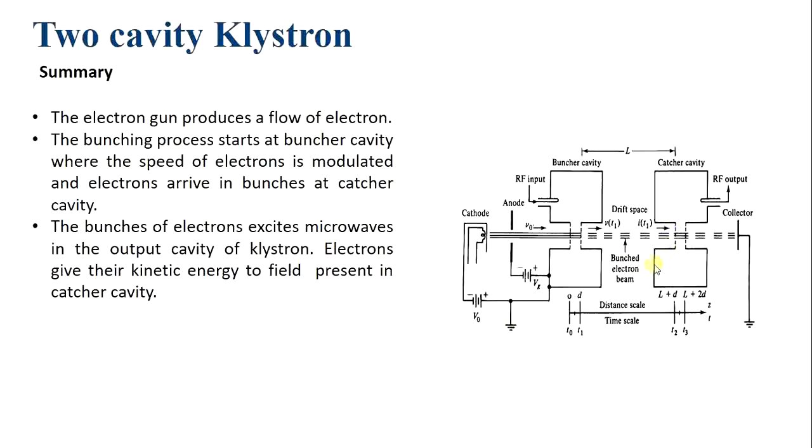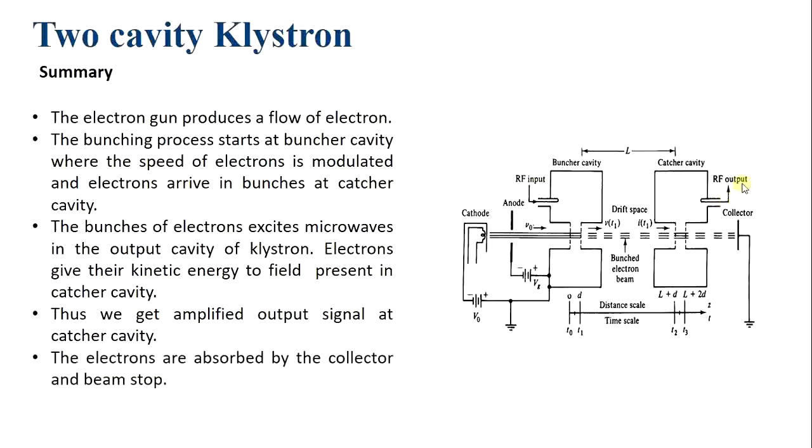The electrons give their kinetic energy to the field present in the catcher cavity. Thus, we get the amplified output signal at this catcher cavity, that is at this RF out. The retarded electrons are absorbed by the collector, and the beam stops over here.